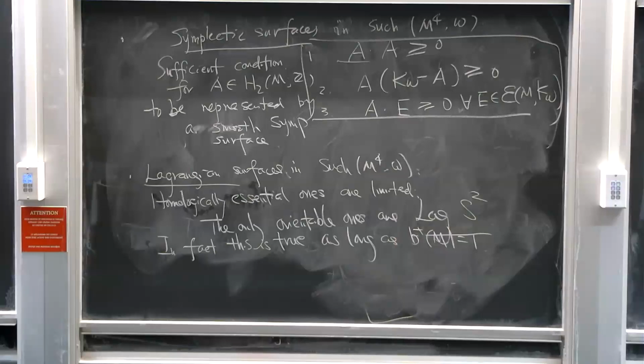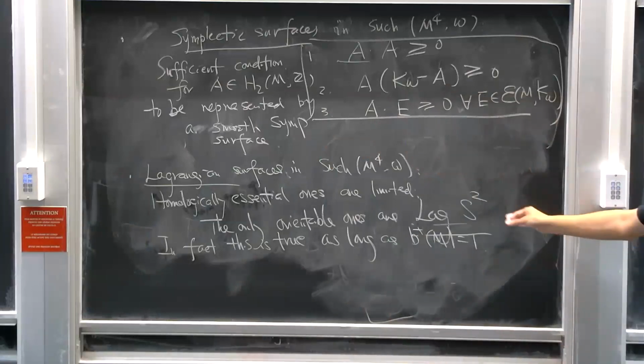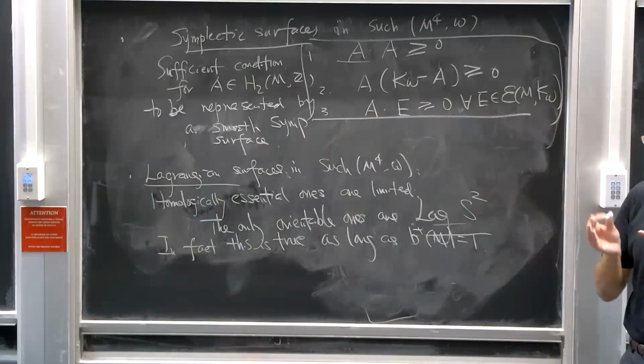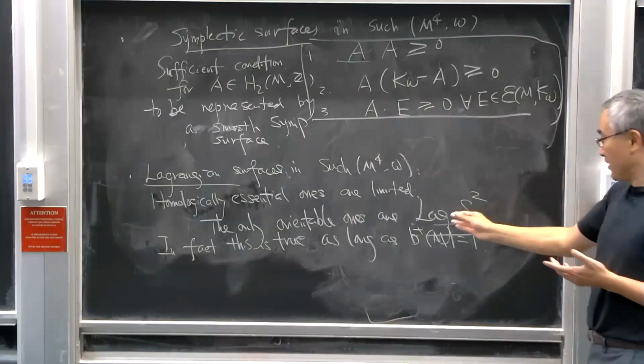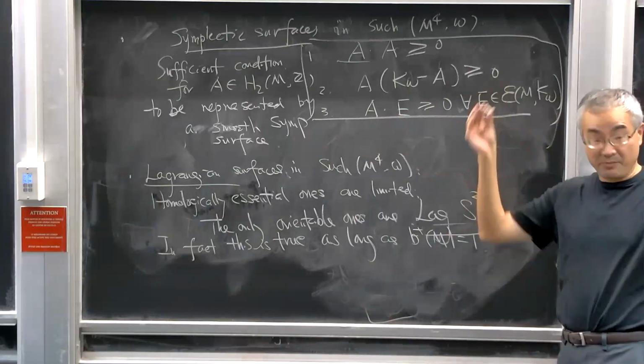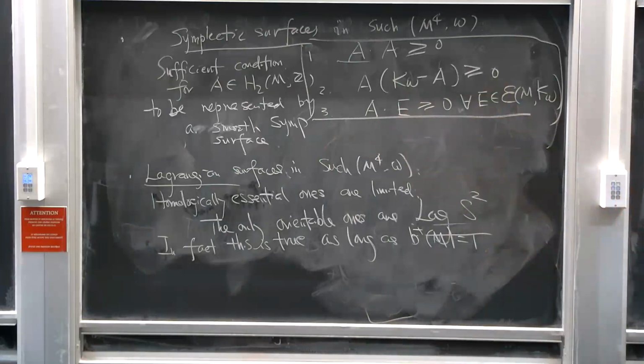This is simply because higher genus essential Lagrangian surfaces themselves have a positive square. And being Lagrangian means they pair trivially with omega, which itself has a positive square. So if you have a high genus Lagrangian surface, you have two positive directions, that's impossible.